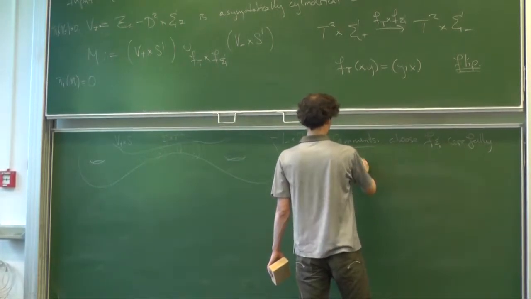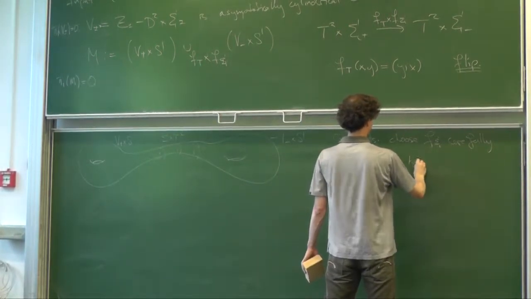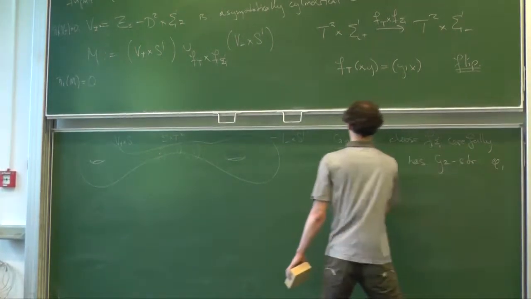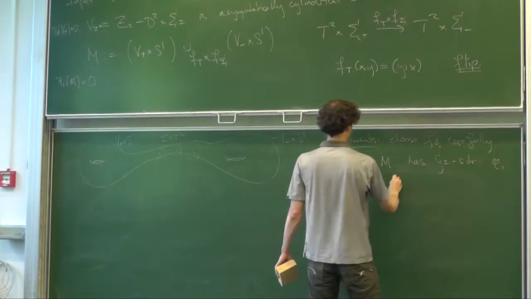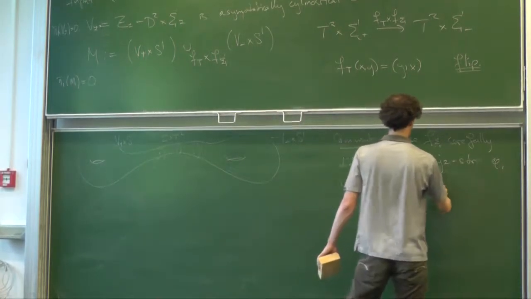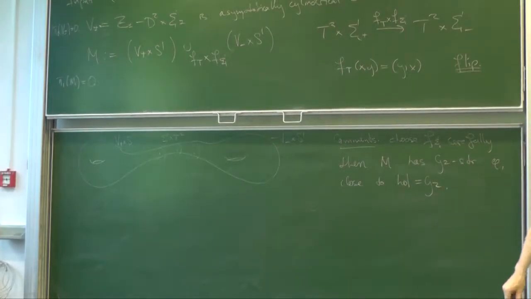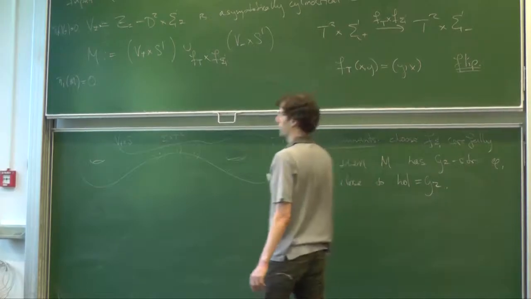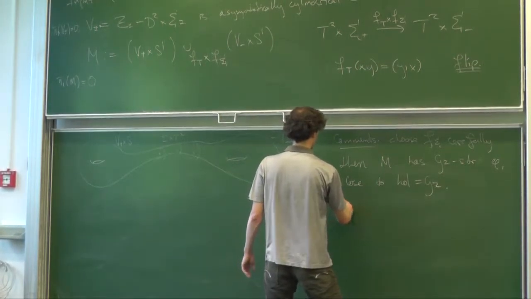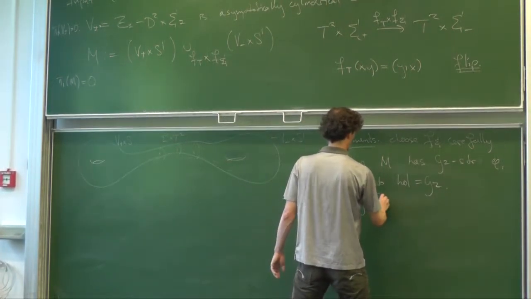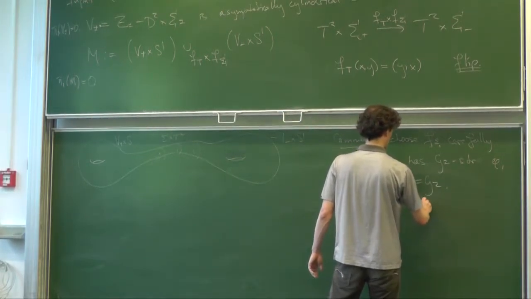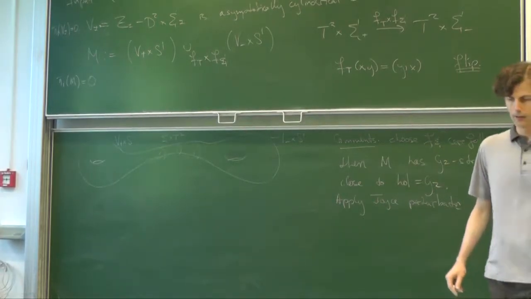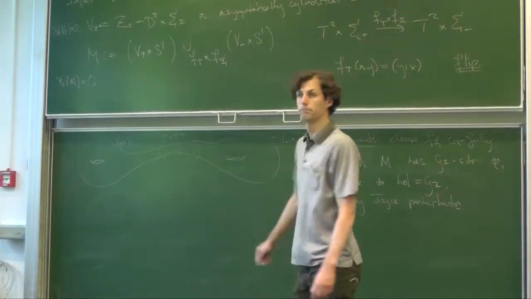Then M has a G2 structure phi close to holonomy equals G2. And then there are theorems of Joyce. In Joyce's original proof, he proved that if you get close enough, there's a perturbation method, and then you apply this. And that's how you do it.